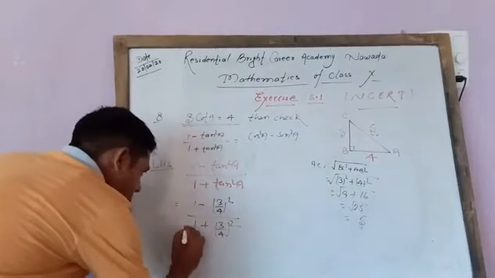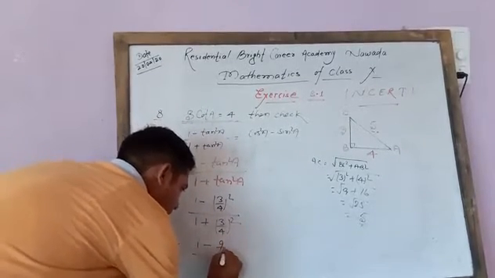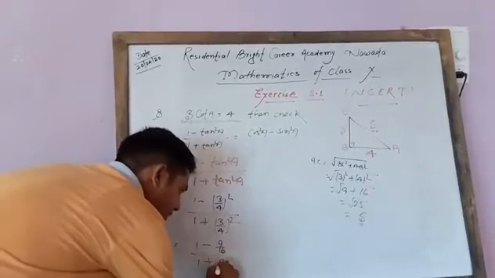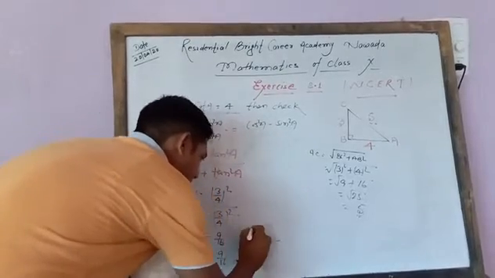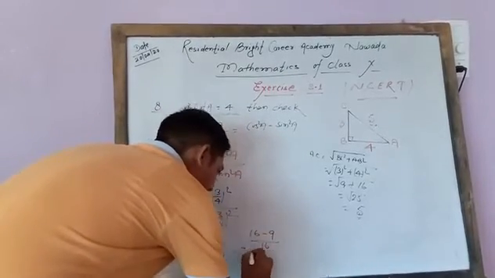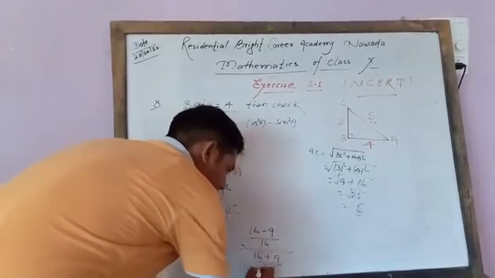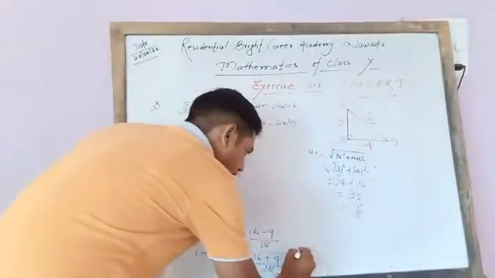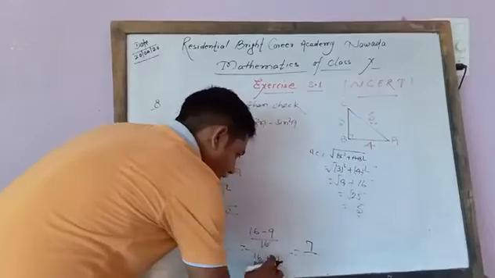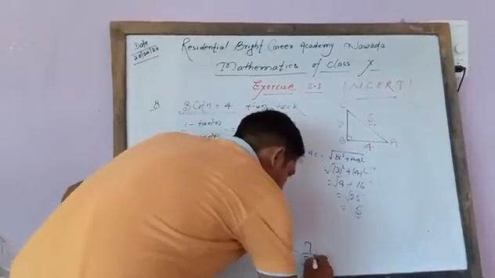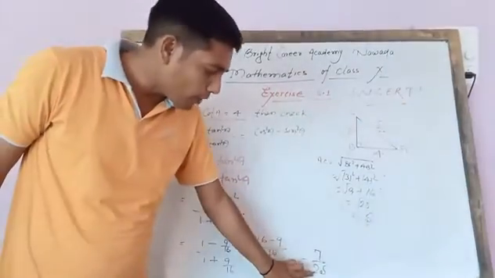We can write 1 minus 9 upon 16 upon 1 plus 9 upon 16. We can take LCM 16. It will be 16 minus 9, and here also LCM 16, it will be 16 plus 9. We can cancel 16 from 16. Now 16 minus 9 is 7, and here 25. The value of LHS is 7 upon 25.